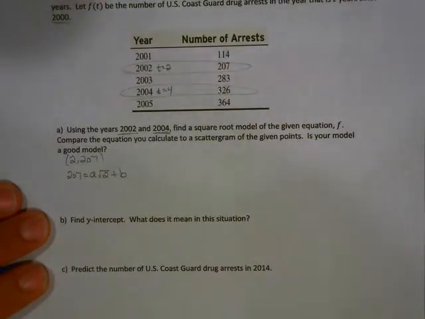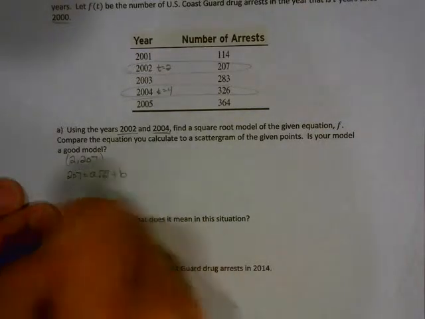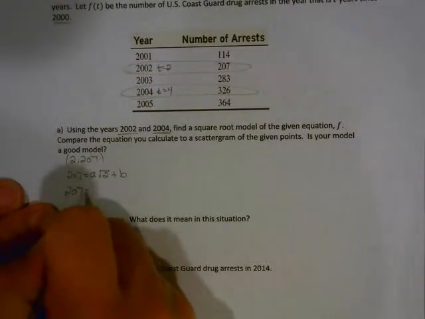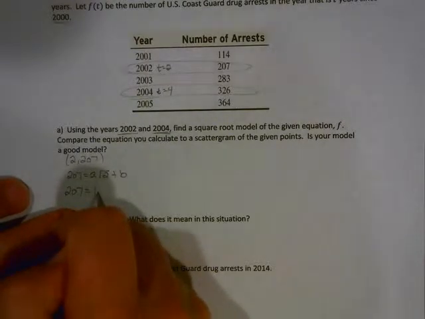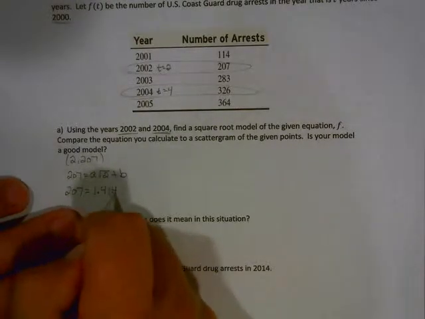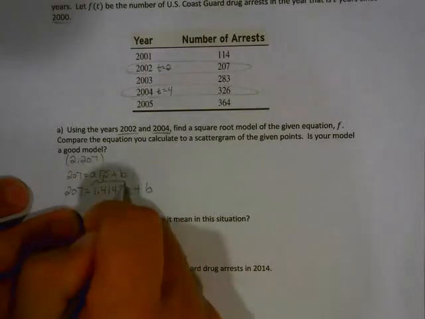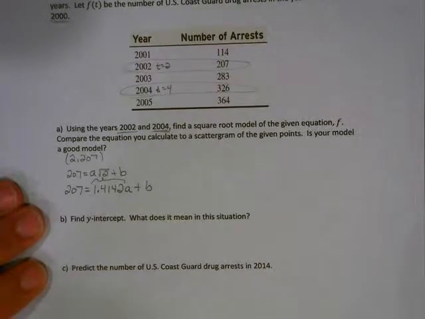And the square root of 2, so as we go through it, this equation is really, and I like writing this first, 207 equals 1.4142a plus b. So if you prefer to work with a decimal for right now, we are rounding, so try not to round too much.